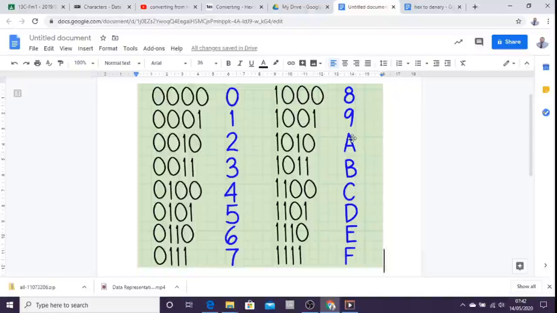I just want a single character, so I use letters. So 10 is A, 11 is B, 12 is C, 13 is D, 14 is E, and 15, the biggest number that we can make with 4 bits, is F. It's not a bad idea in the exam just to jot down A is 10, B is 11, etc.